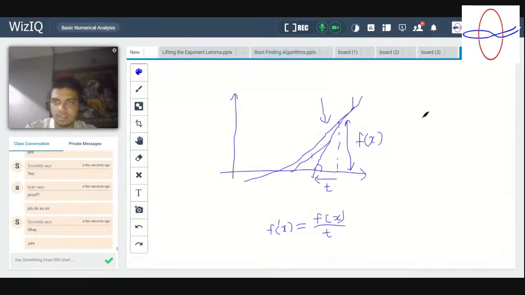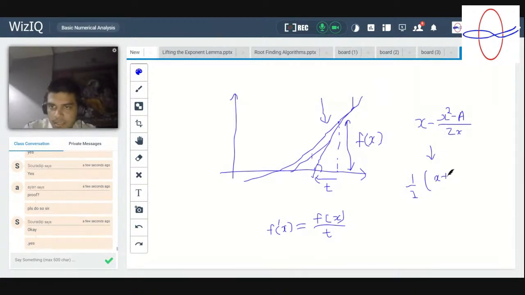Now for square root, this basically becomes x minus x squared minus a, let's say, upon 2x, and this will then solve, if you see, to half of x plus a by x.